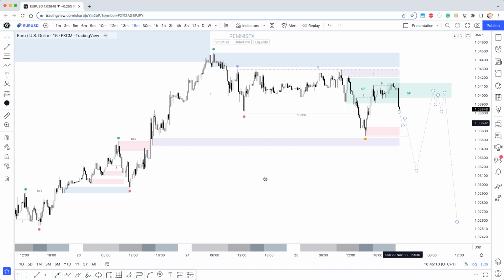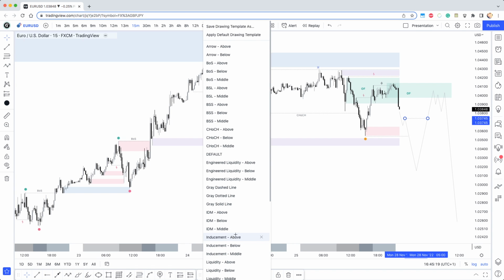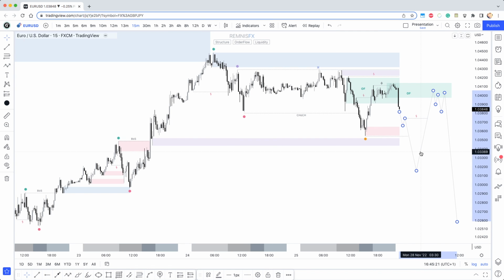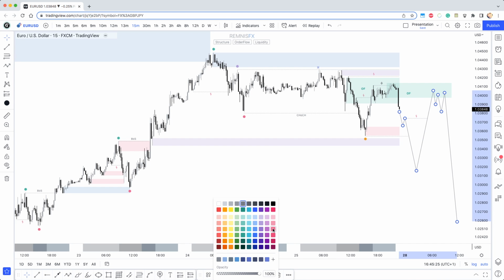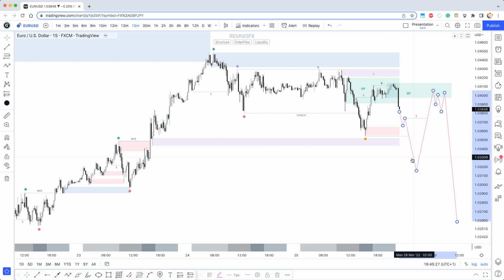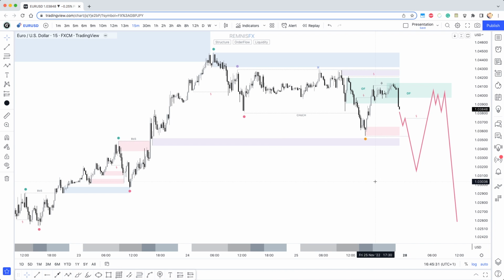Now if we add something like this here as our inducement, let's mark that one out, inducement above, and let me also change this to something like that, just to stand out.